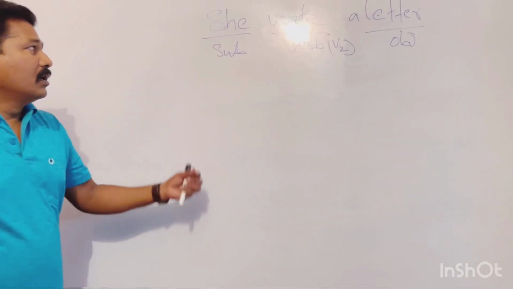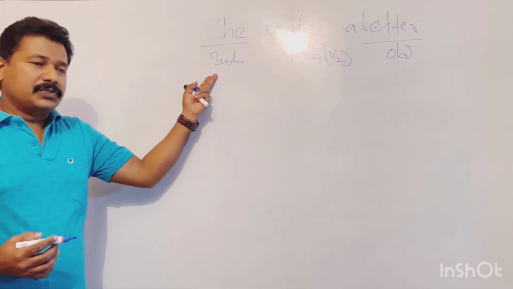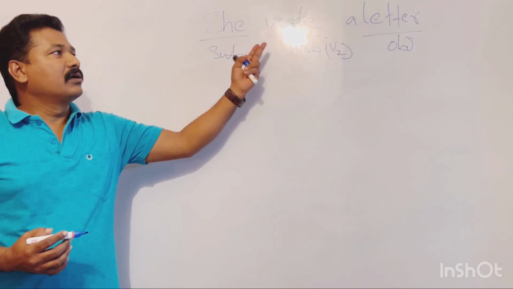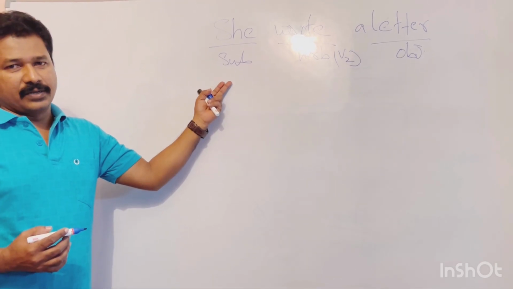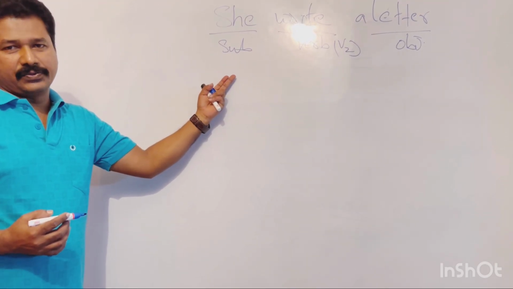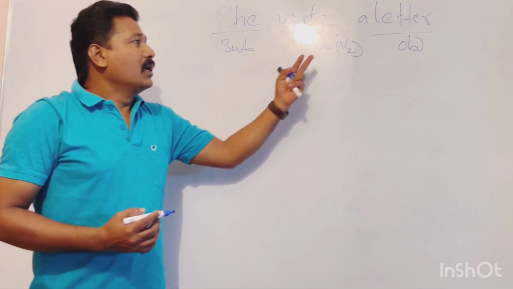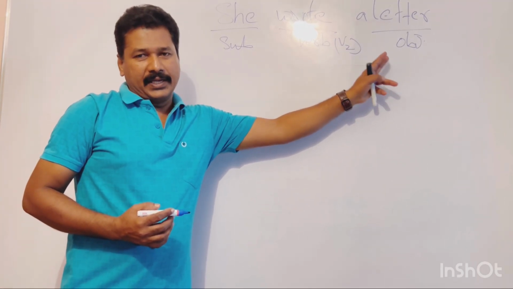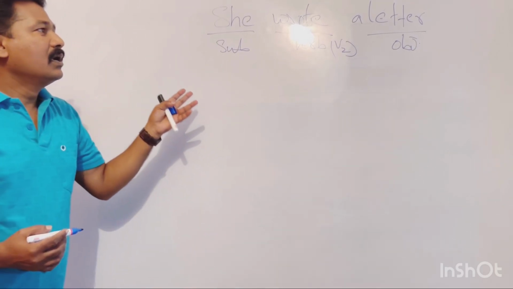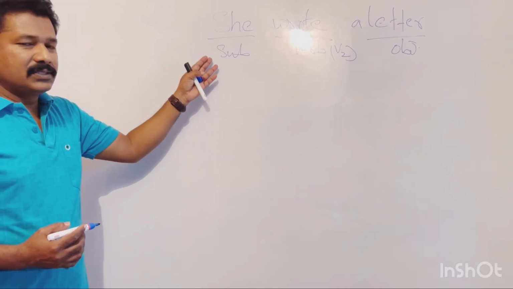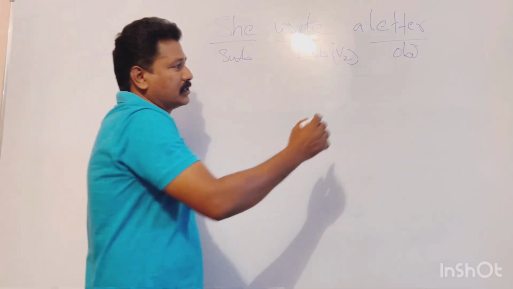So here the subject, she, is writing a letter. So she is active here. That means the subject is active, and the object is not doing any action, but it is getting the result. That is the reason we say that this sentence is in active voice.